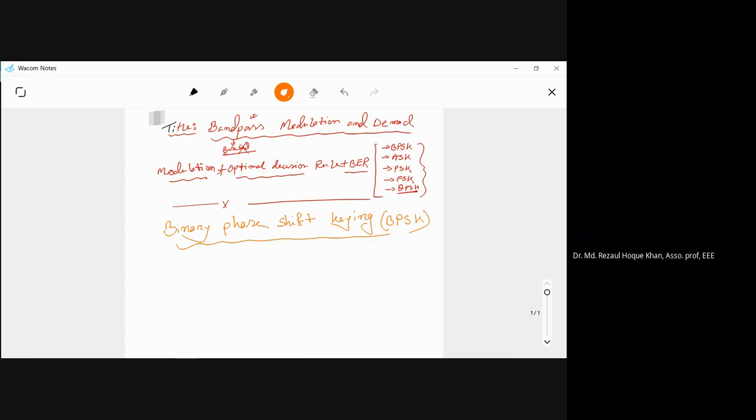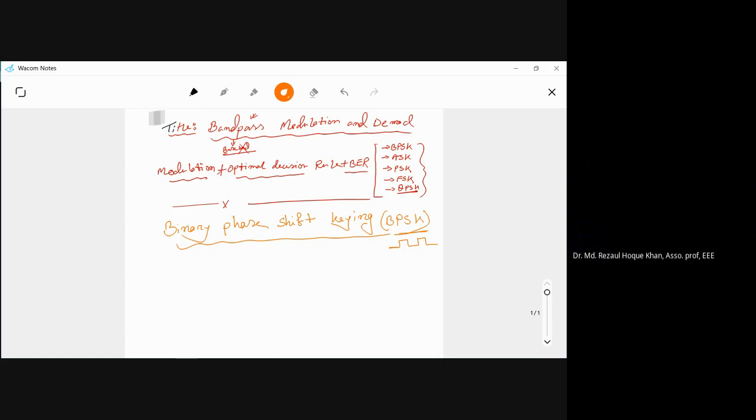In this scheme, the pulse shaping filter, or the pulse, because it's a digital modulation, means we are talking about an individual pulse. We're transmitting a digital pulse, so we will be talking about the individual pulse.